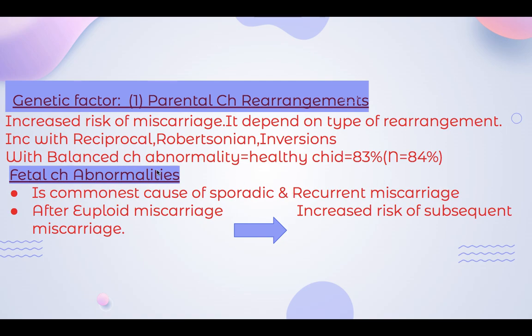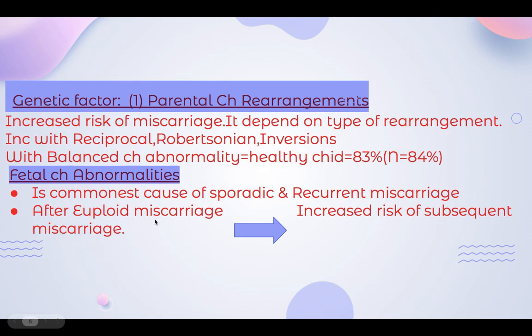Fetal chromosomal abnormality. There will be a lot of options, like genetic problems, anatomical problems, and thrombophilias. Many things will be mentioned over there, but you will only choose fetal chromosomal abnormalities, for the recurrent miscarriage as well as the sporadic miscarriage. These are the two questions.